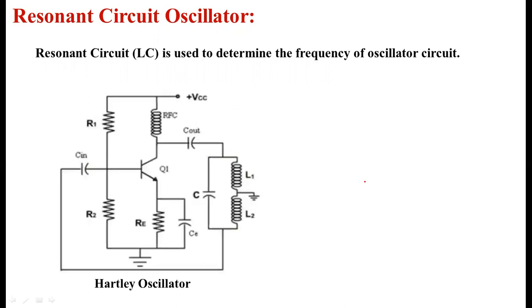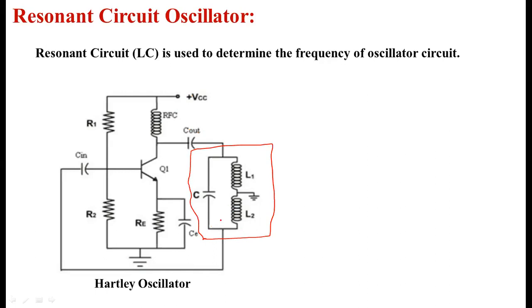Number one is the Hartley oscillator. Here we can see that we have the amplifier and the feedback network, that is this combination of L and C. This circuit is used as a feedback network circuit.